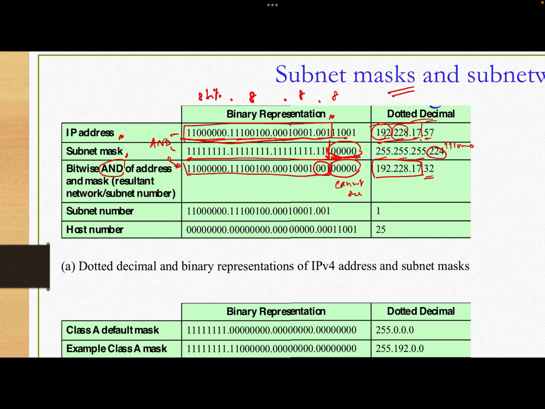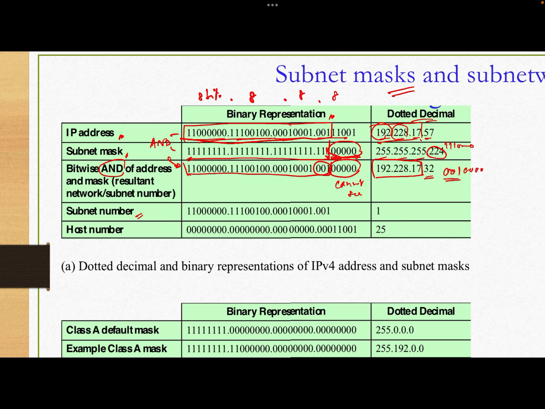So 32 is 001 and then all 0s here, so this equals 32. So only the first 3 bits can go through the mask. And from this you can see the subnet number.